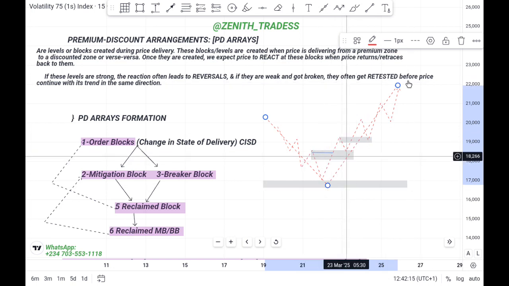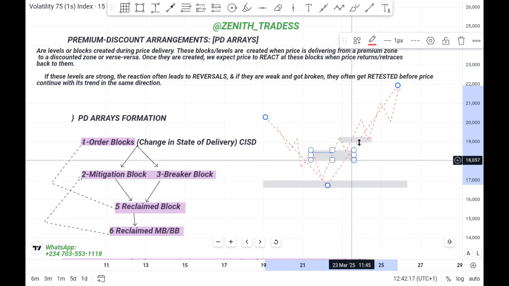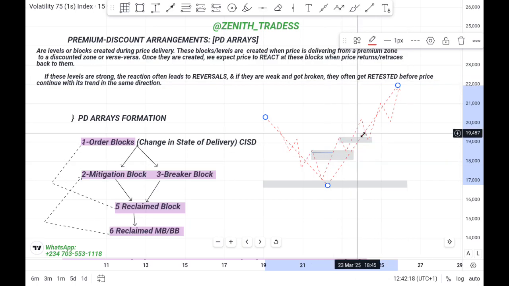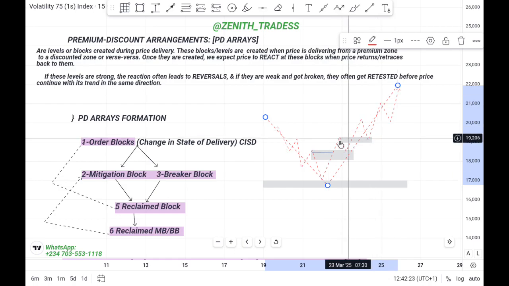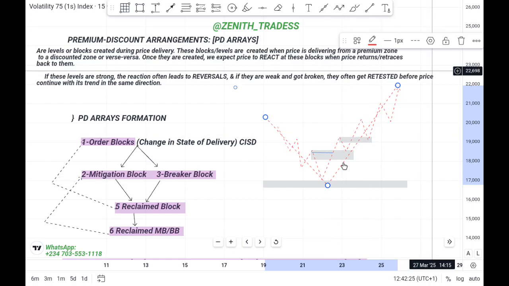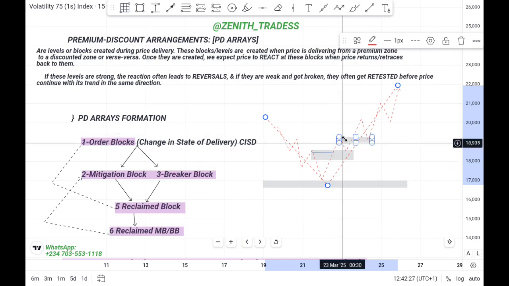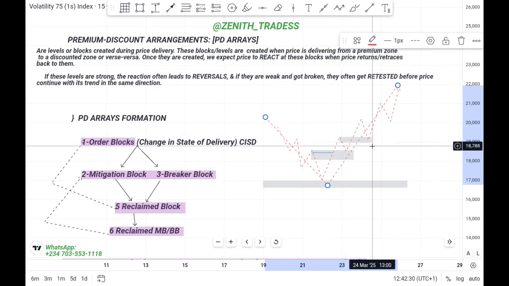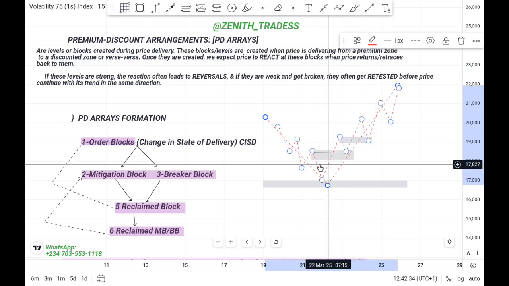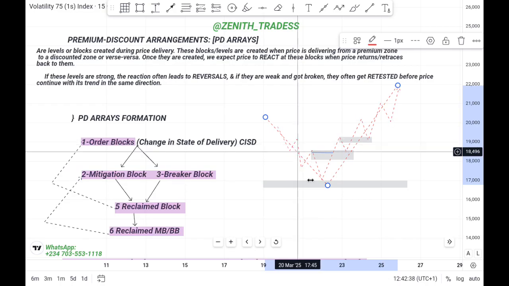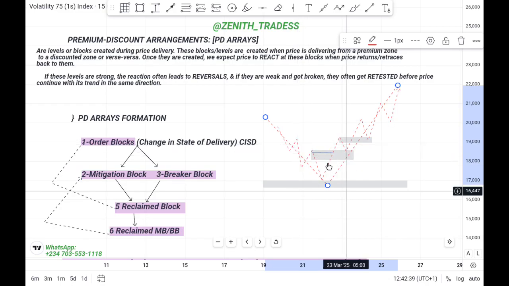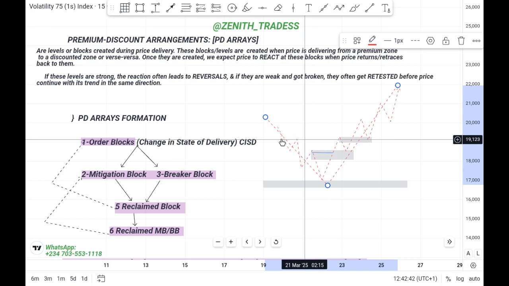It supports reversal, right? But in the case of mitigation, it is from the existing bullish trend that we find support for continuation. The last old high that was invalidated before price came to retest is what gave us the mitigation. For the breaker, the high was from the previous trend. So that's why I said most of the time, for you to find a breaker block, it has to be from the previous trend.